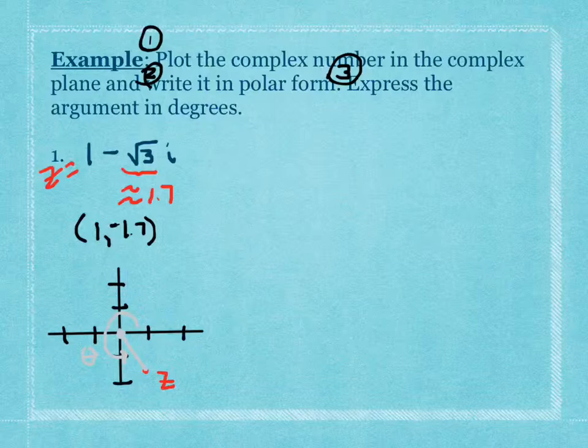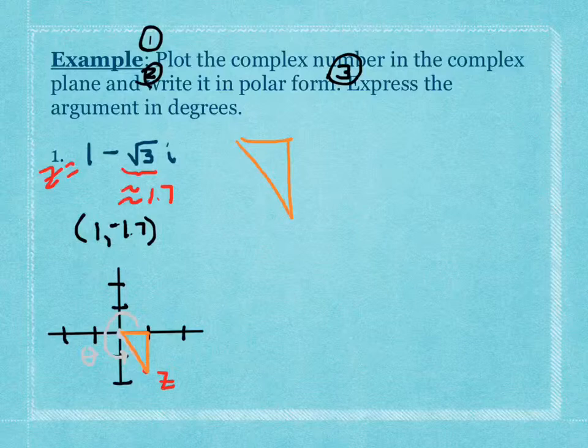And the way I want to remind you how to do this has to do with triangles. Since we haven't talked about those in a while, this is a really nice time for us to take a look. This actually forms a wonderful right triangle with some specific lengths. This length in the horizontal direction is 1, and then the length in the vertical direction is square root of 3, or more specifically, negative square root of 3.